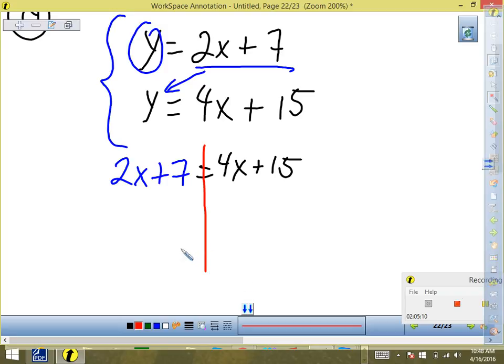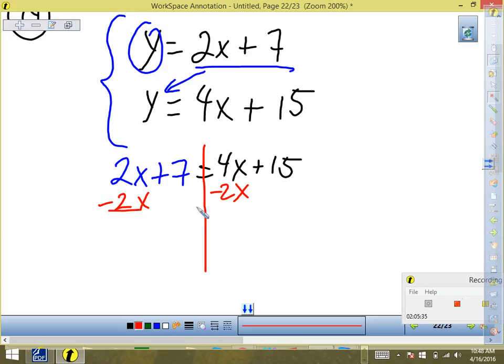Okay, here we go. Look up, please. Can we do anything on this side? No. Anything on this side? No. Get all variables to one side. What is the smallest variable? 2x, so I subtract 2x.